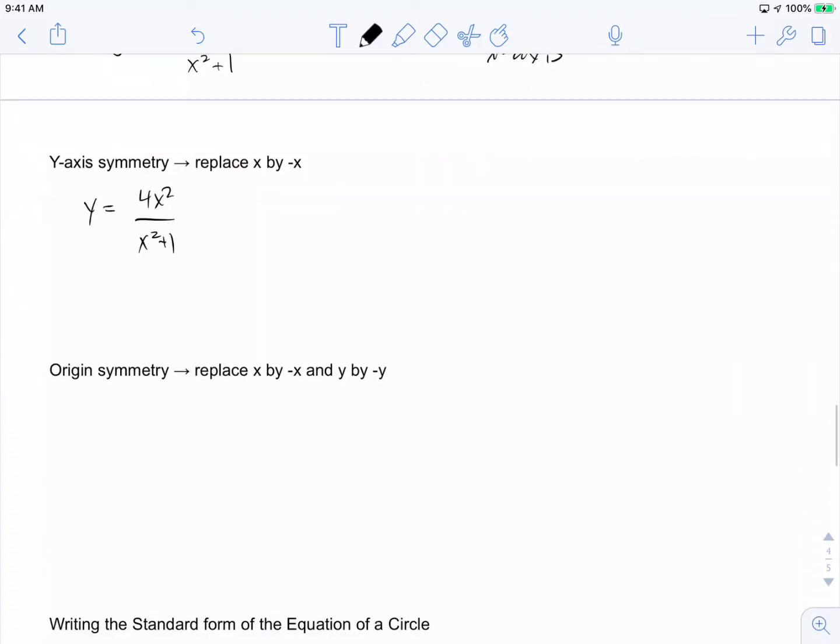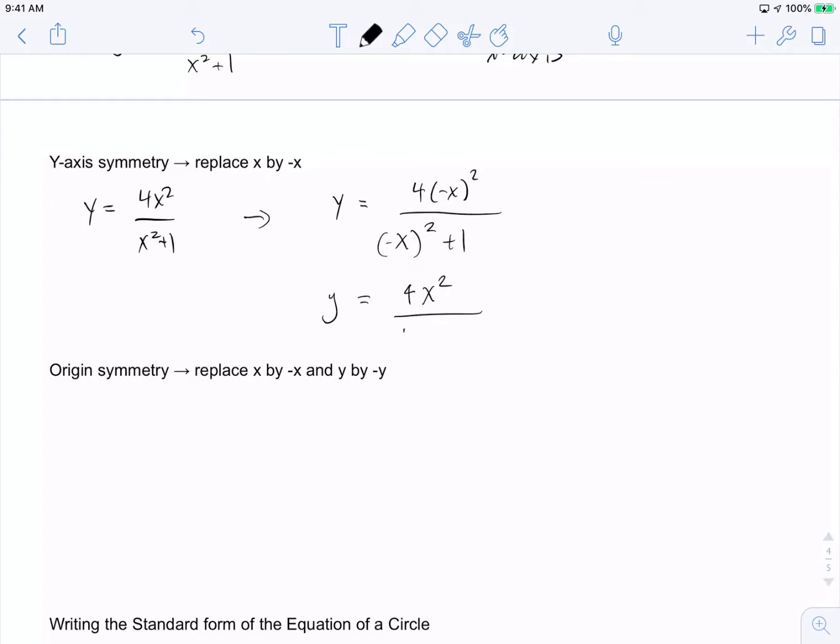And we're going to switch, we see the x with a negative x, and so to do that, this implies we're going to get y is equal to 4 times a negative x, that's being squared, over a negative x squared plus 1. Well, 4, if negative x is squared, a negative becomes a positive when it's squared, so we're going to get 4x squared.